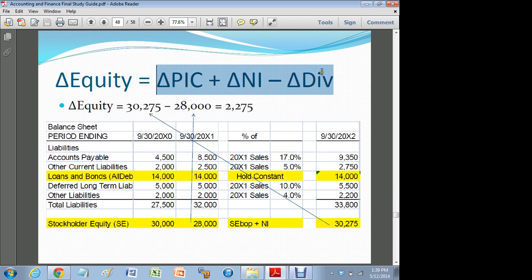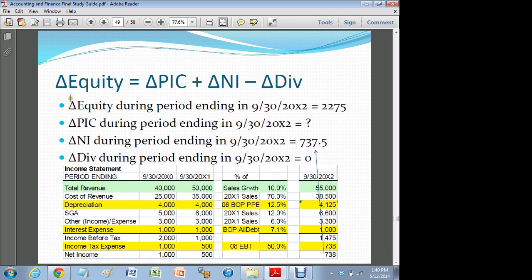And what do we know about this here? This is what we're trying to solve for. We know this already from the income statement. We're told that this is 0. So we know this. We're trying to solve for this. We know this and this. So at this point, it just becomes one unknown and one equation. So this is putting it there.